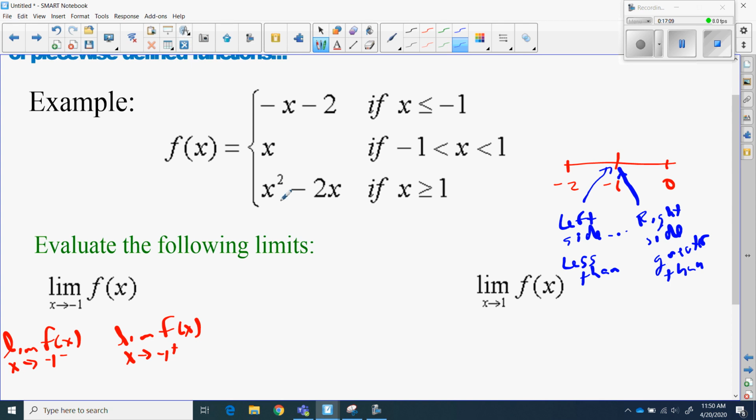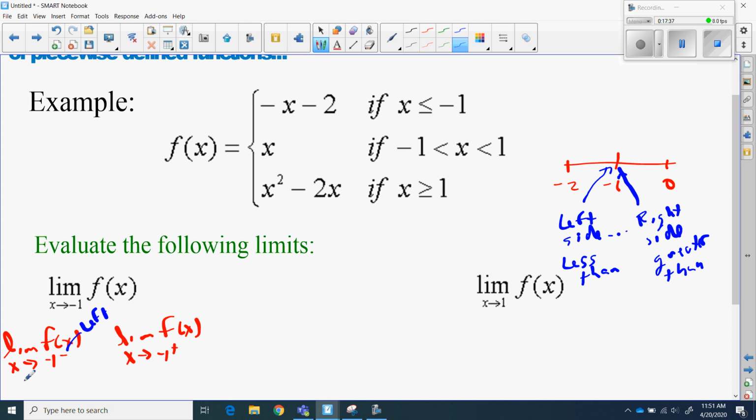So for example, if I want to check the limit of this function as x approaches -1 from the left side, that's implying that the x values are slightly to the left of -1. If they're left of -1, they're less than -1. Here's -1. Any x value that's less than -1, x is less than -1, you're in here.